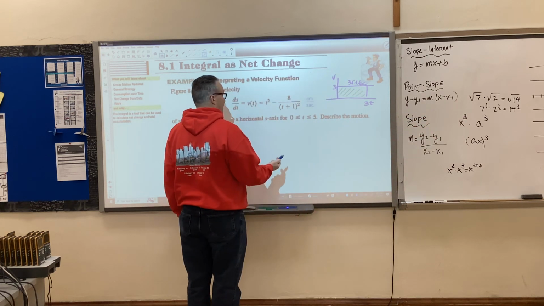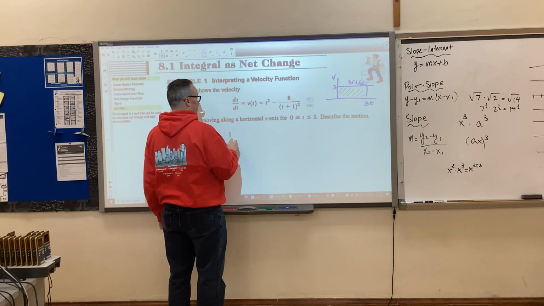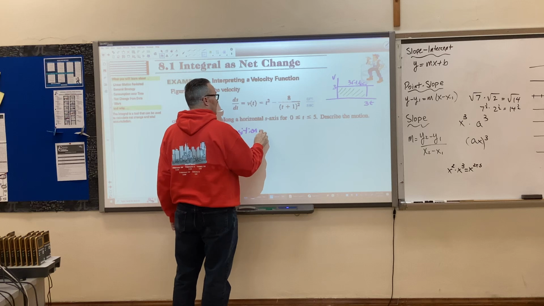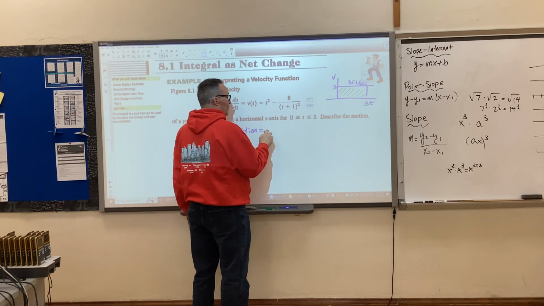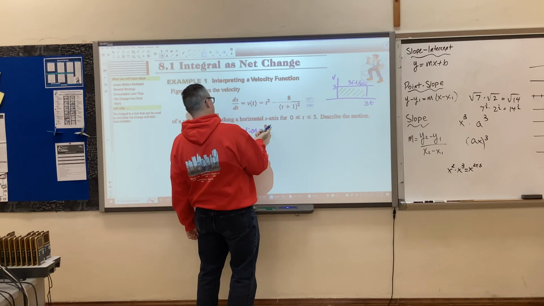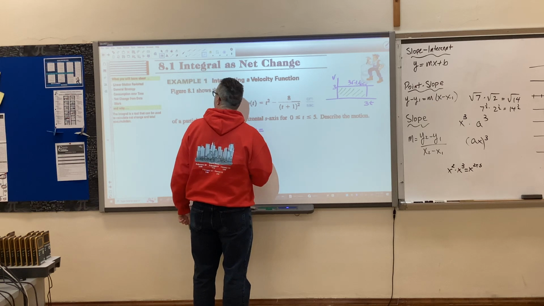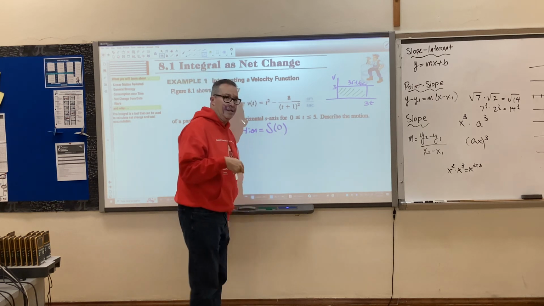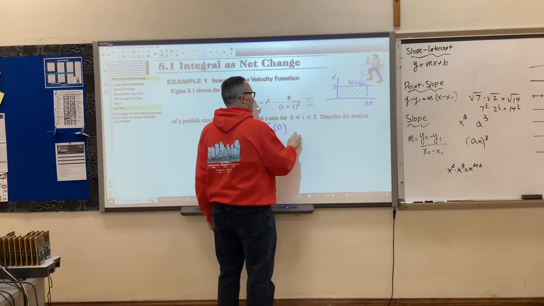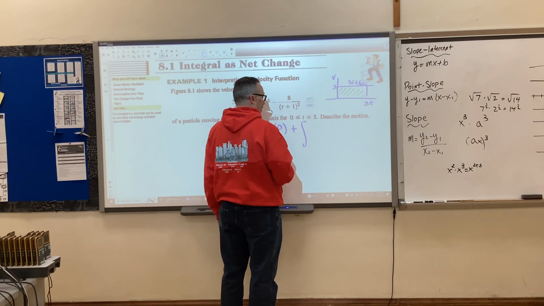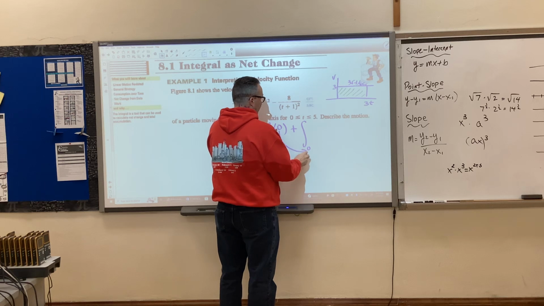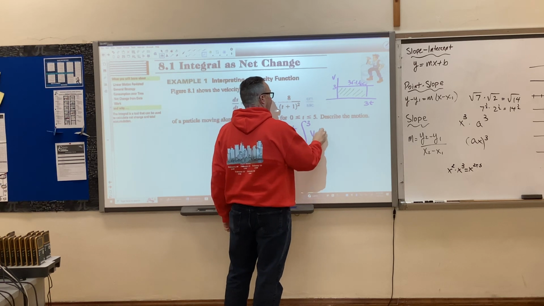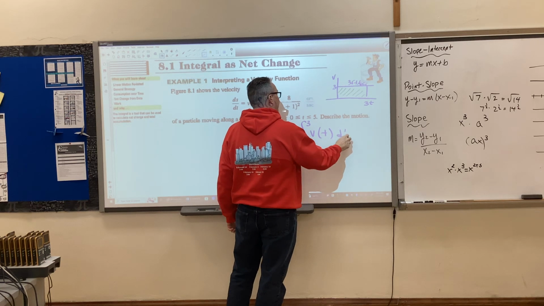So the way you find the position is the initial position, which we can call S of 0, the position at time equals 0, plus the integral from 0 to wherever, 3, of my velocity function.